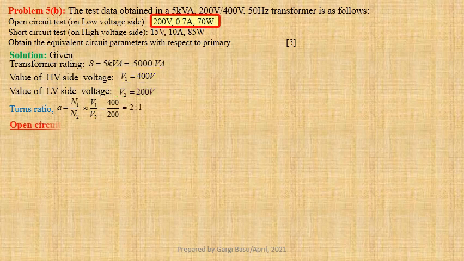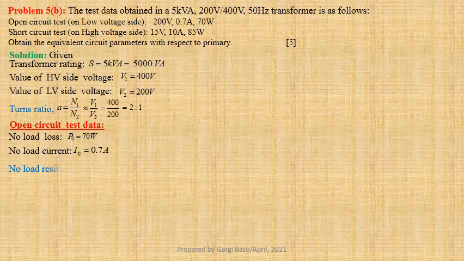From open circuit test data we get no load loss P0 equals 70 watt. No load current I0 equals 0.7 ampere. Let us now determine no load resistance. R0 equals V2 square divided by P0, that is equal to 200 square divided by 70, that gives us 571.4286 ohm.